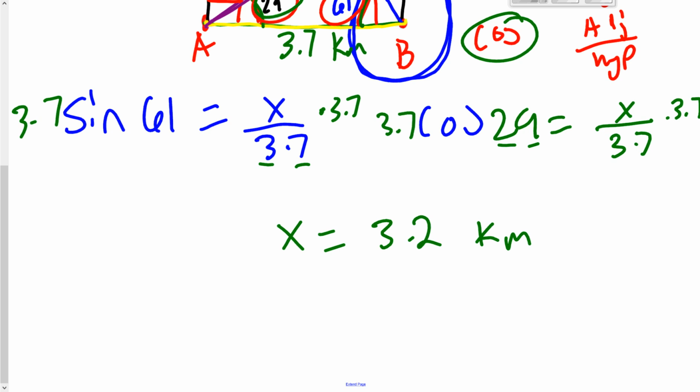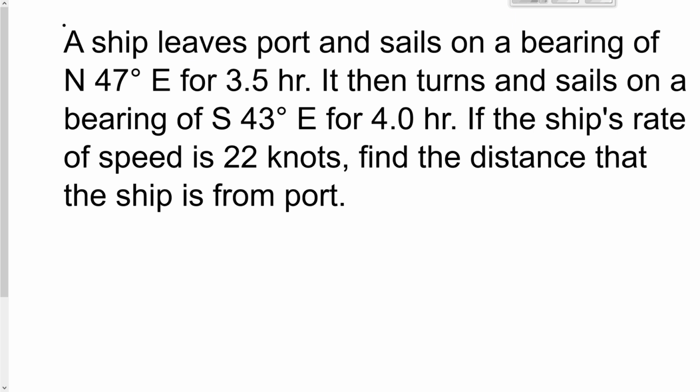Alright, so there's that example. Here's another one, looking at a ship that leaves port. So here we have a ship. It leaves port on a bearing of north 47 degrees east. So from due north, we're going 47 degrees towards the east, to the right, at 43 degrees.